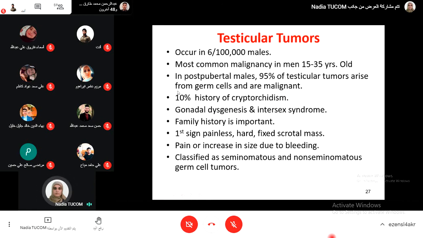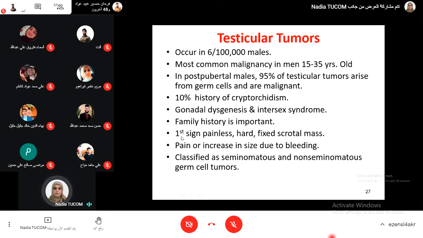10% of these patients have a history of cryptorchidism or another congenital anomaly. Family history is also important. Gonadal dysgenesis and intersex, ambiguous genitalia, are liable for carcinoma or malignant testicular tumors.